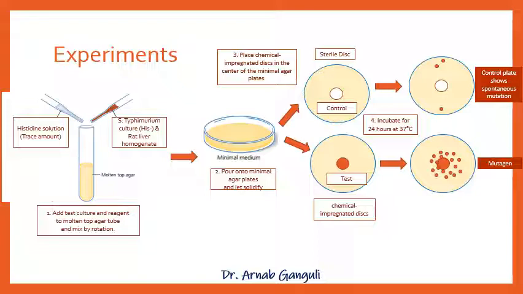After solidification, a disc impregnated with the test chemical is placed at the center of the test plates, and in the control, a sterile water impregnated disc may be used.